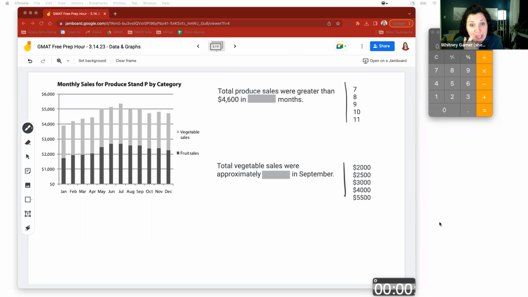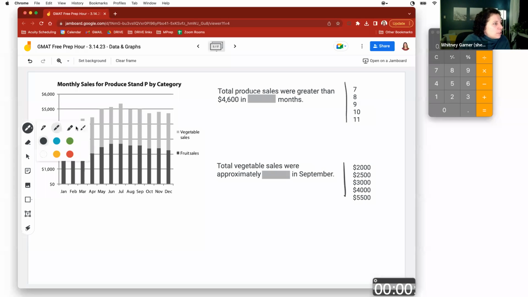Okay, so on this, we now have a stacked bar chart. And so generally speaking, when we have a stacked or clustered or grouped bar chart, then we will be given a little legend that explains which color or pattern is which.